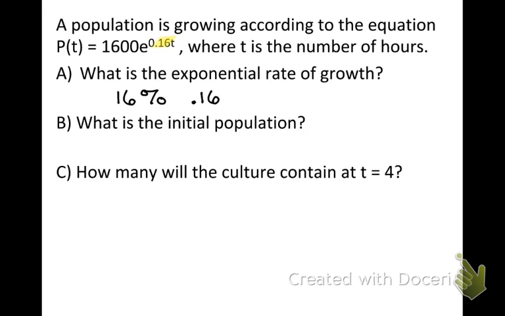You've just got to make sure that if you write it as a 16, you have that percent there followed by it. All right, what is the initial population? Now we're looking for that initial population, which is going to be 1,600. How many will the culture contain at t equals 4? So what we're being asked to do here is plug in 4 for t.